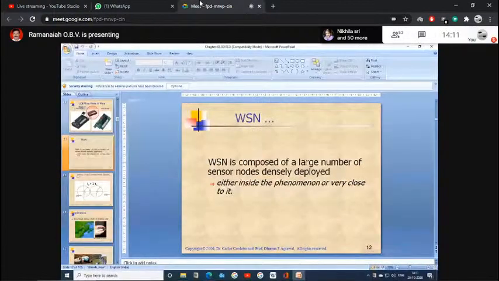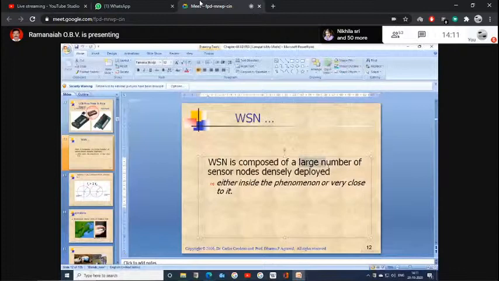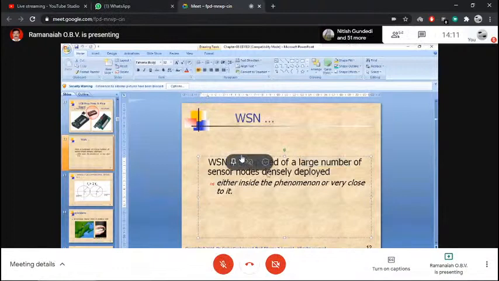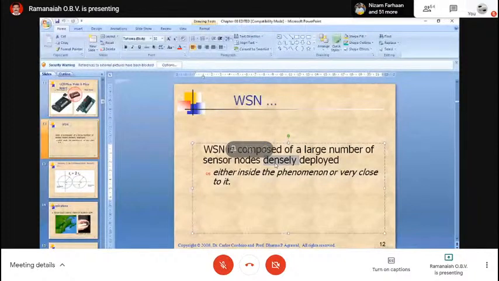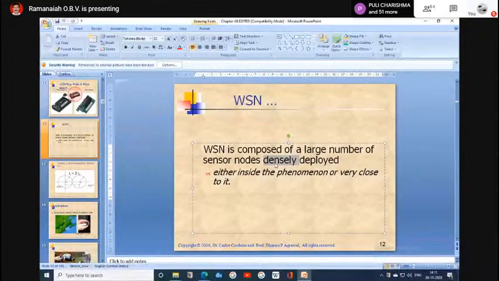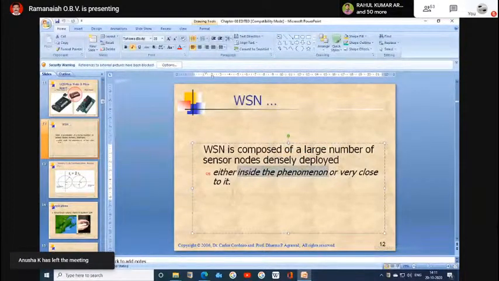A sensor network consists of a myriad number of sensor nodes, a large number of sensor nodes, densely deployed, right? They are deployed in a dense manner. That is the important thing you should understand. And mostly they are deployed inside the phenomena, very close to it.